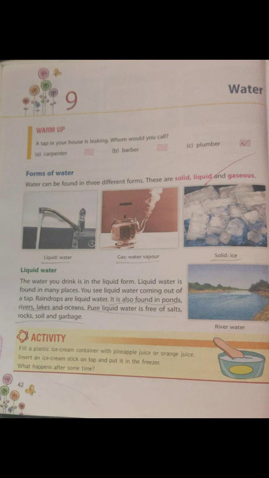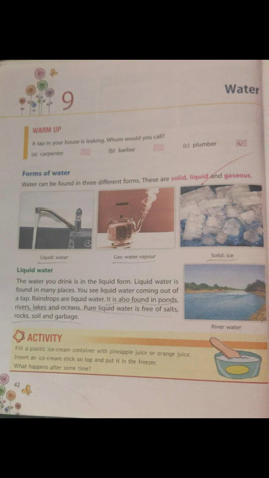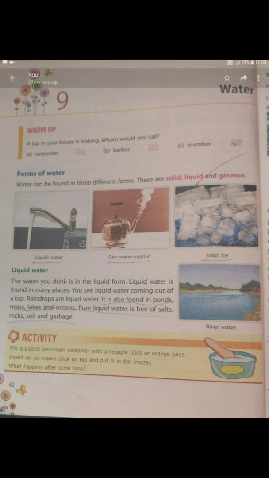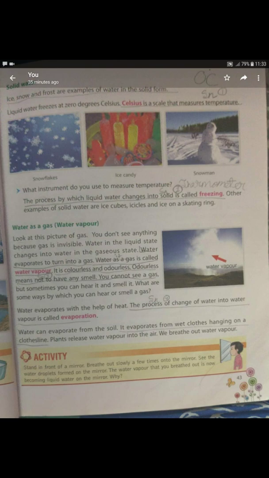And the liquid form is water that you can see from the kitchen tap, rivers, ponds, lakes and oceans. And the gaseous form of water is water vapor, right?